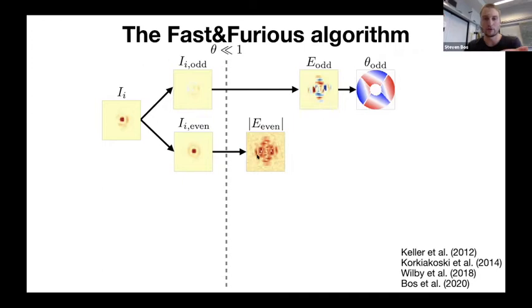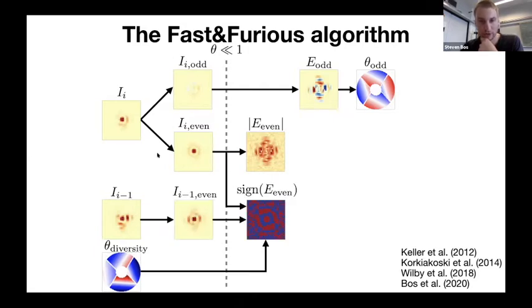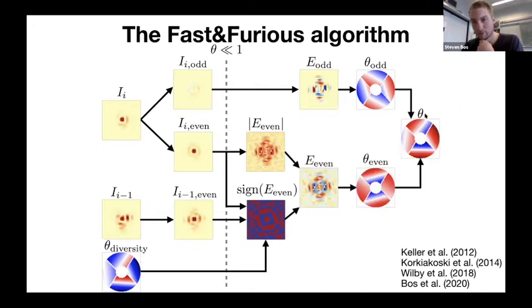So in order to also measure its sign, Fast and Furious uses the previous image with the previously derived DM command that belongs to this image to break this degeneracy and estimate the sign of the electric field. And then together, it will give you the full phase estimation. Fast and Furious does this every iteration and just keeps going.